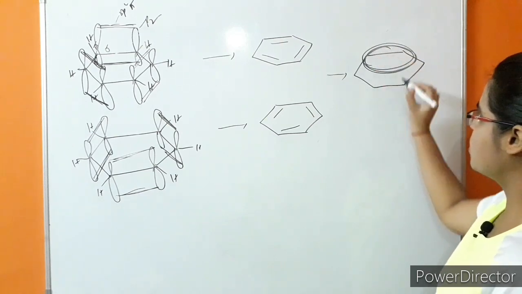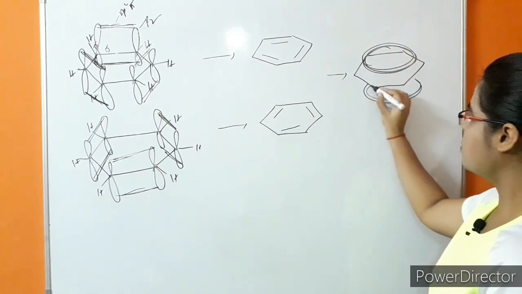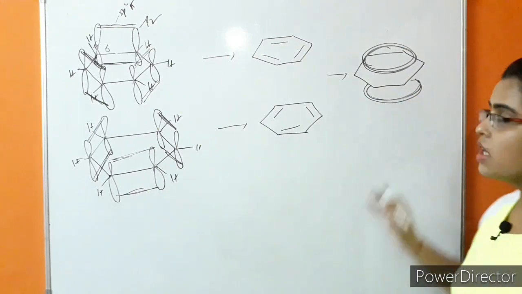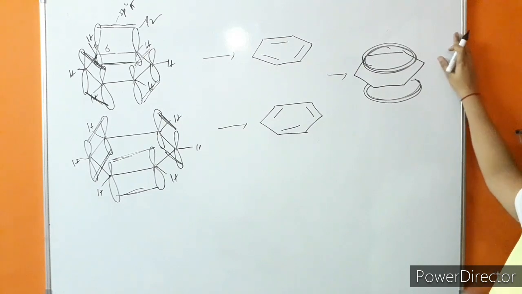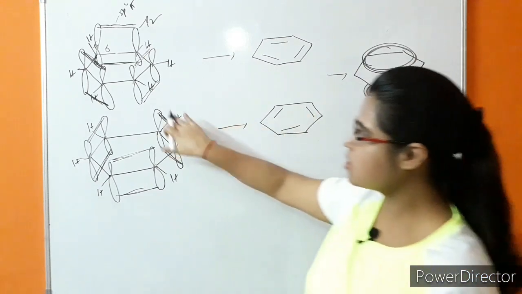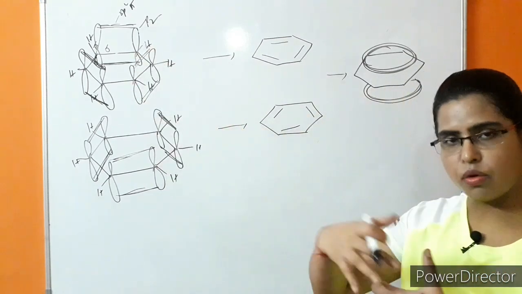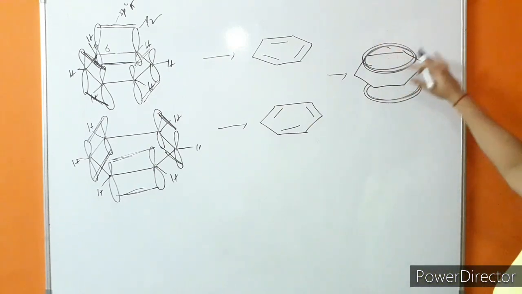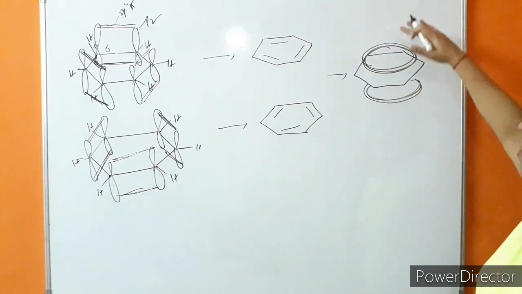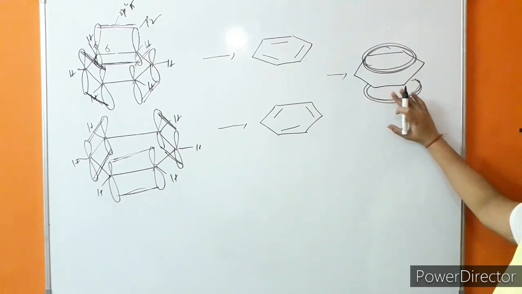This circle represents that the pi electrons cover all the carbons present in the benzene ring equally. It means these pi electron clouds are overlapping with each other. Because of that, a cyclic ring is formed above and below the benzene molecule.